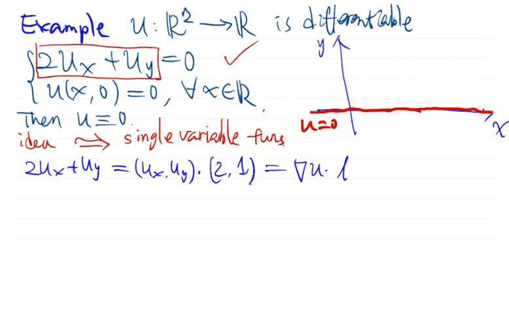So this is the directional derivative of u along this direction. Because of this, it is natural to consider u along the line in the direction of this vector.